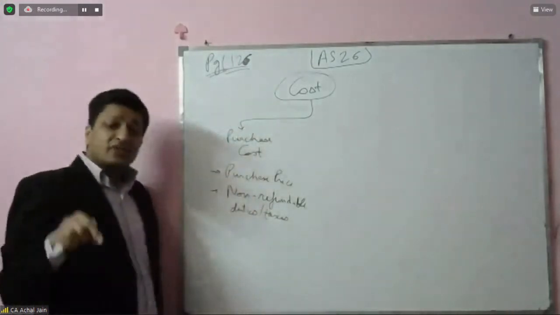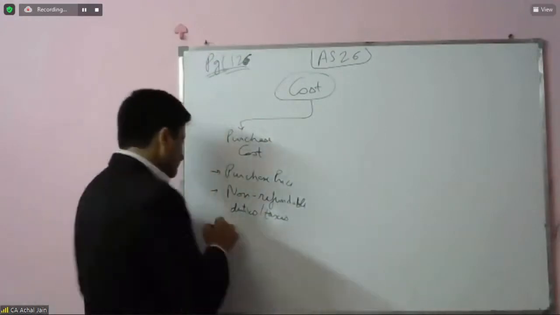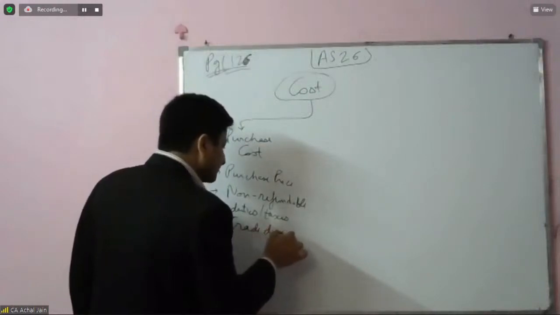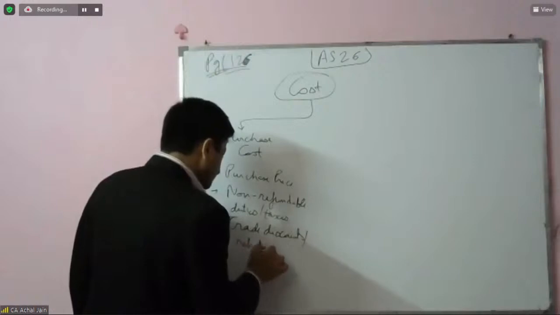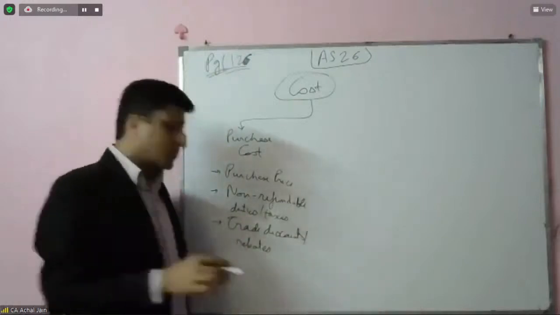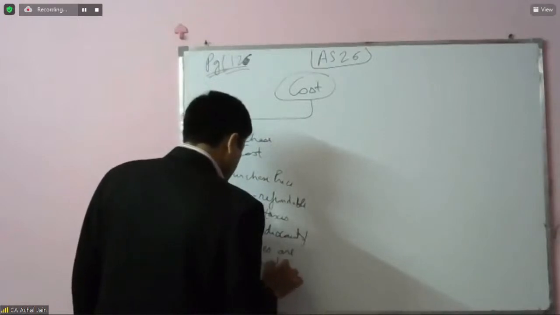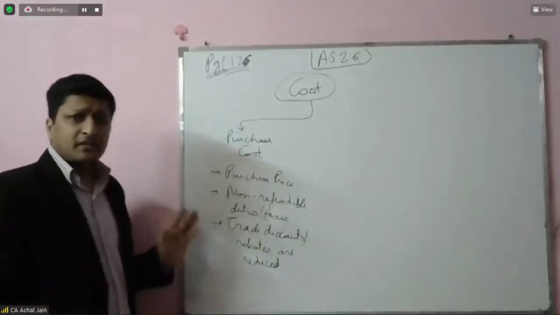In case the duties or taxes are refundable, they will not get added to the cost. Any trade discounts, rebates are reduced from the cost. Correct? Same thing you would have covered under PPE, yes or no?